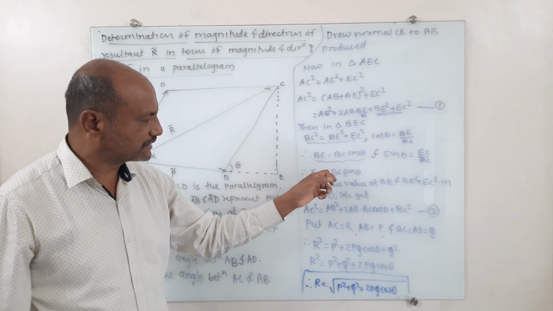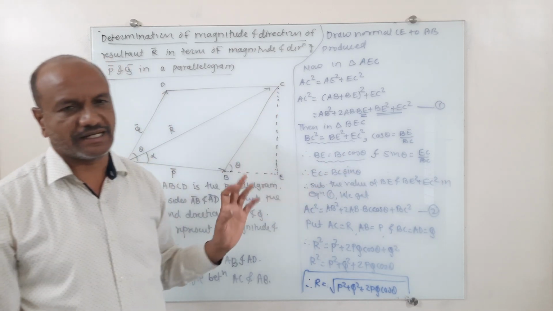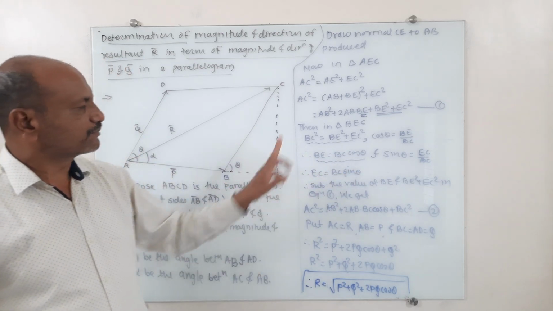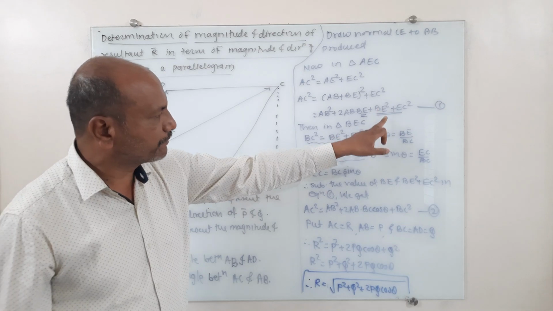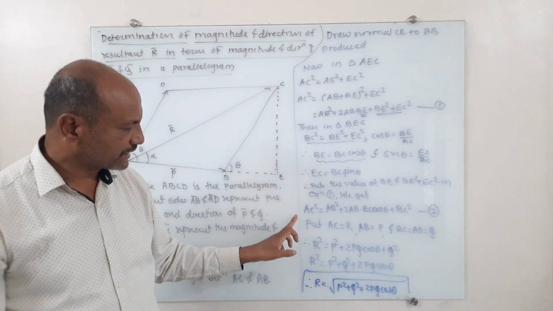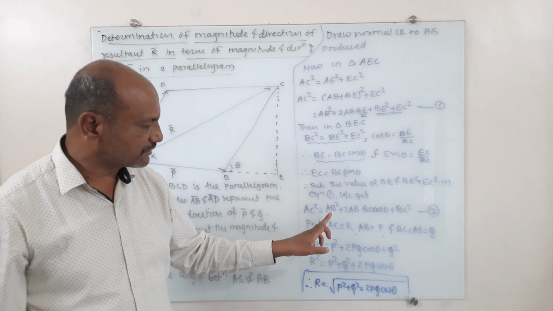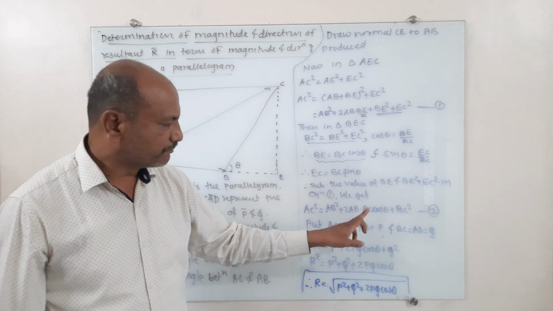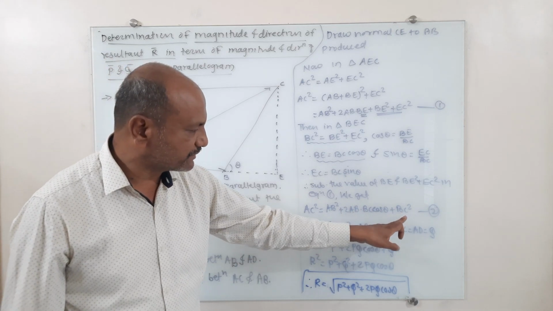Therefore, EC is equal to BC sin theta. Substituting the value of BE and BE square plus EC square in equation 1, we get AC square is equal to AB square plus twice AB BC cos theta plus BC square.